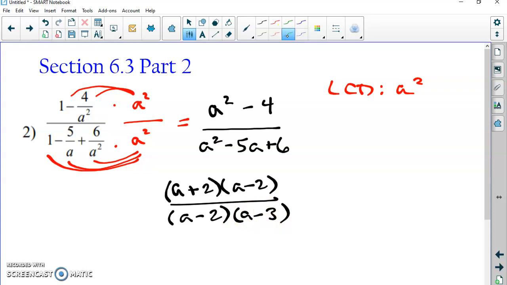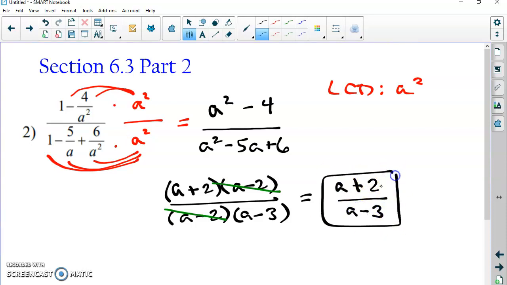Any common factors you cancel, so we both have an a minus 2, one on top, one on bottom. So your final answer is going to be a plus 2 over a minus 3. So that is method 1, finding the LCD of all the little denominators, distributing, getting a fraction, factoring, canceling as much as you can, and that is it.